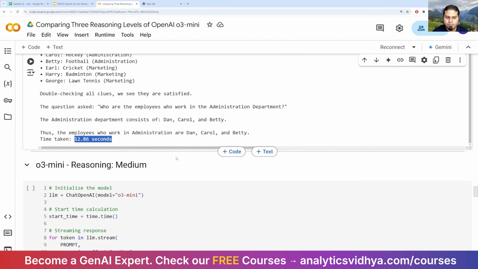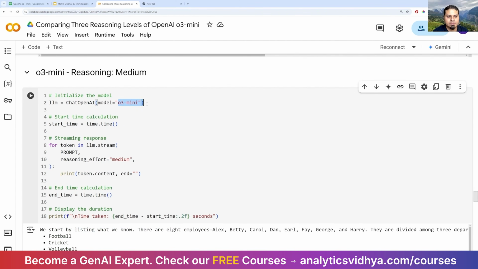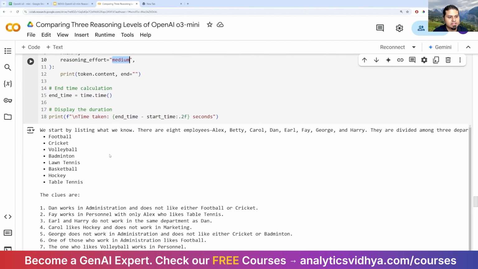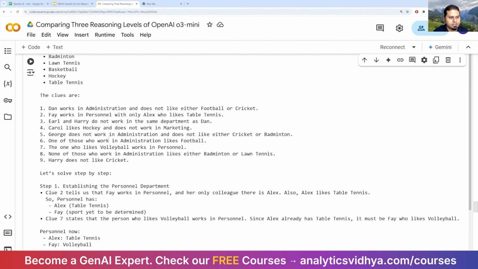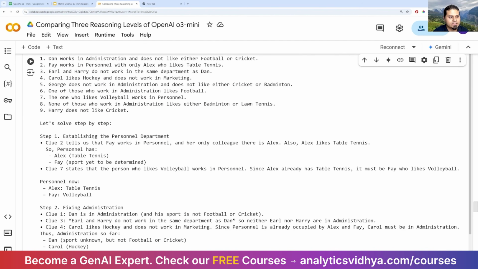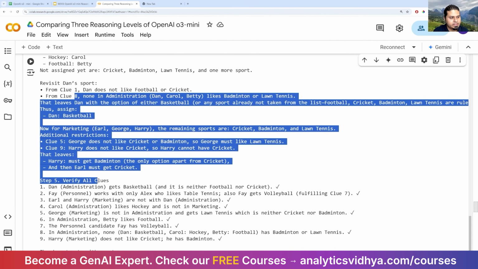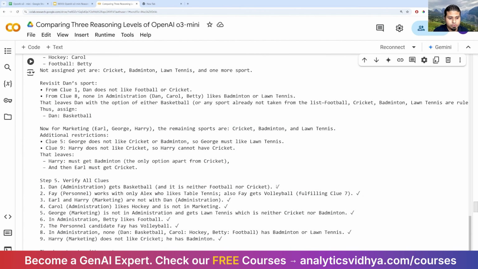Next one, same prompt, only thing is o3-mini reasoning effort set to medium. And here it starts listing out, it takes a slightly different way of going about it. It starts listing out what is available, and then it starts looking at entire departments instead of looking at every person individually. So it takes a slightly different approach, and then it verifies all the clues, which is interesting.